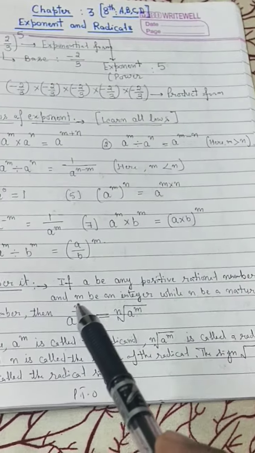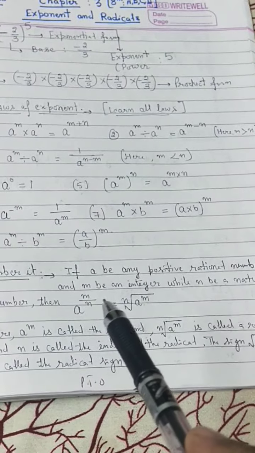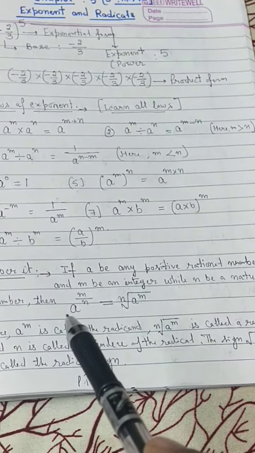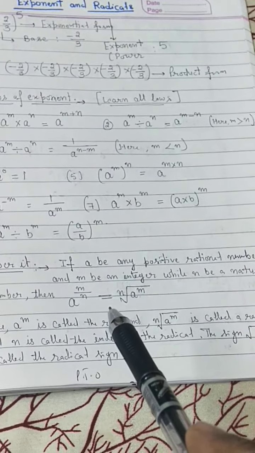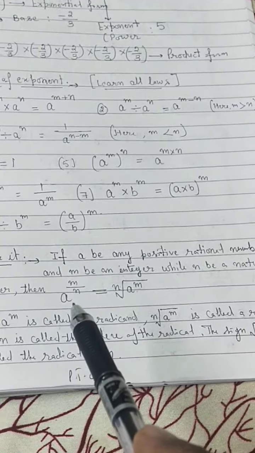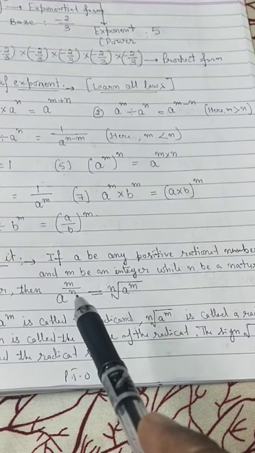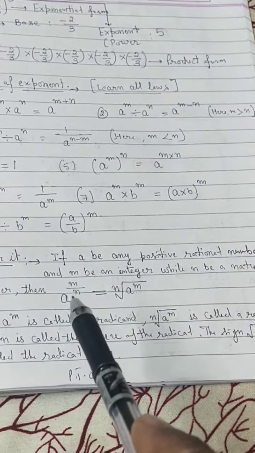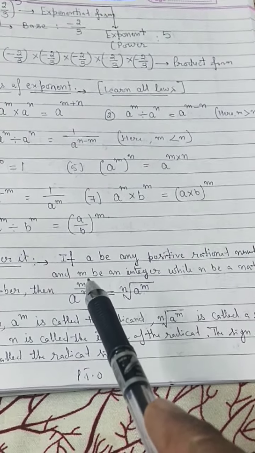If a is any positive rational number and m is an integer while n is a natural number, then a raised to power m upon n is equal to nth root of a raised to power m. This a raised to power m upon n can be written as nth root of a raised to power m.